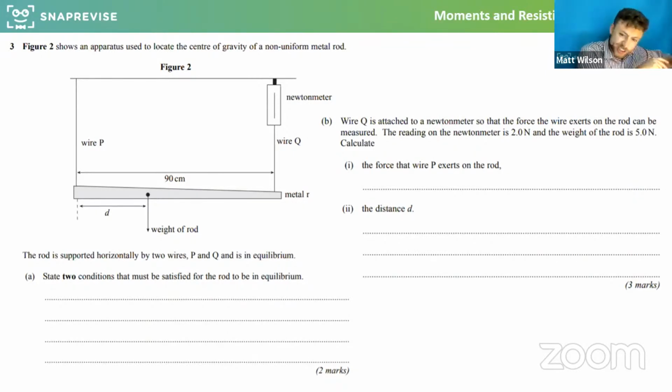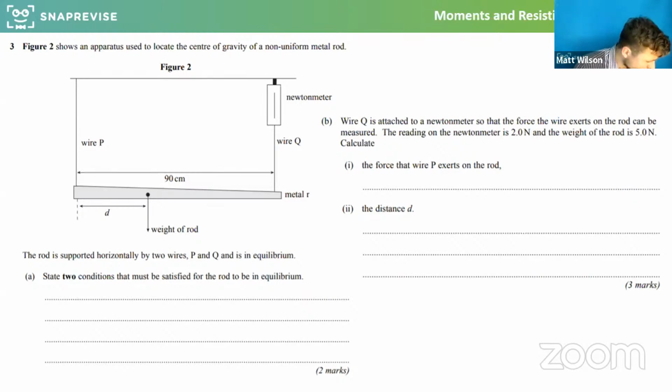More of the mass is actually on the left than on the right. And what we're going to do is figure out exactly how far from the leftmost point the center of gravity is. We're going to figure out where the weight is acting, as if the weight was acting there.